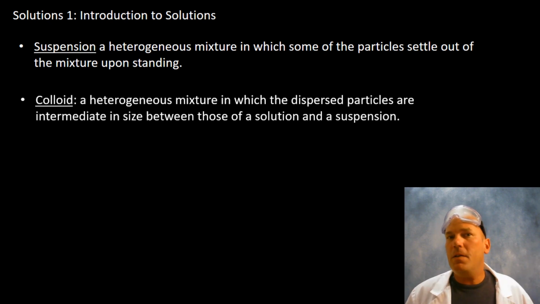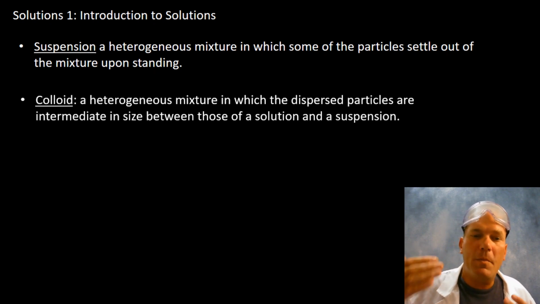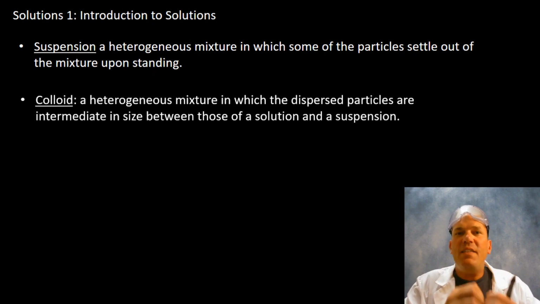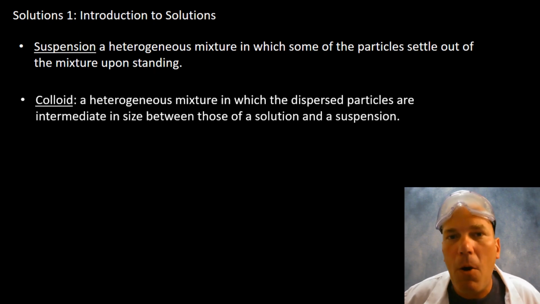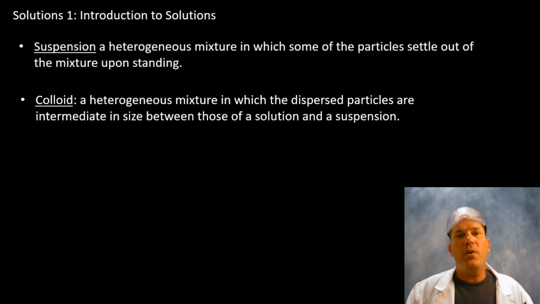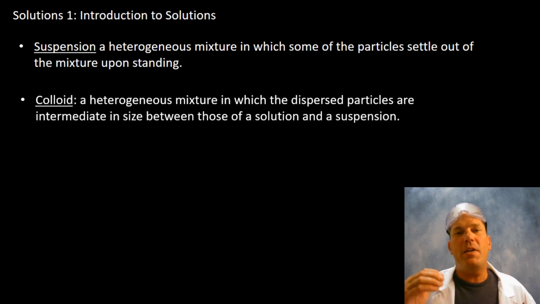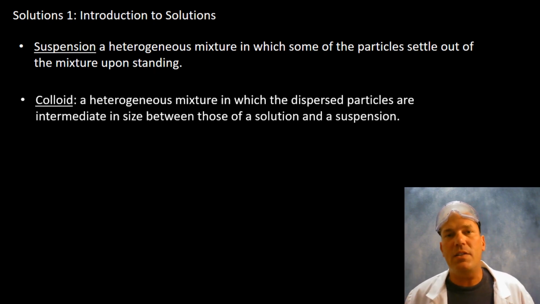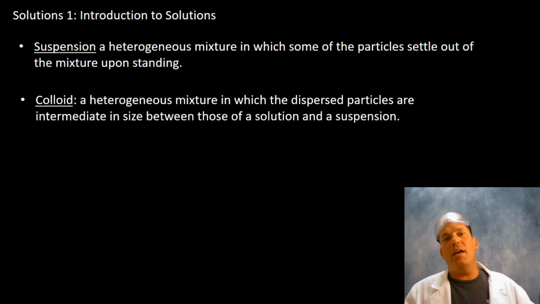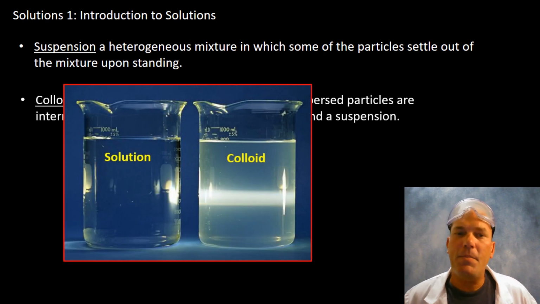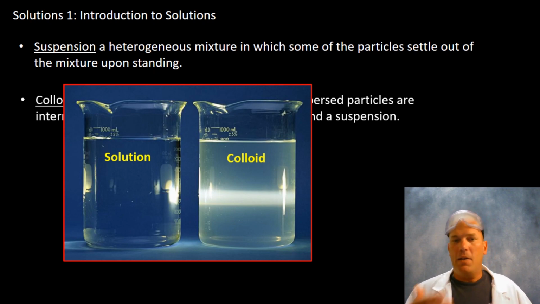So different states of matter can form colloids. The key is that we have one particle that is evenly dispersed throughout another one. And there is a size difference, but that size difference is intermediate when compared to a homogeneous solution and, say, a suspension, okay?